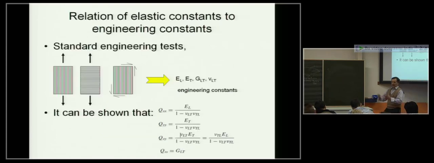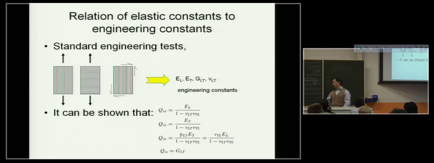Now, if I take a laminate and I test it, or if I take a single ply, let's continue with a single ply. Let's say I have a single ply with fibers parallel to the loading direction, the top left here. Then I can put a strain gauge on it and measure the Young's modulus.